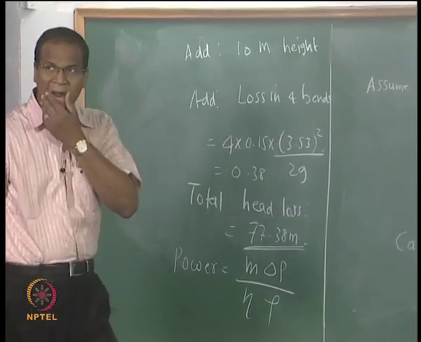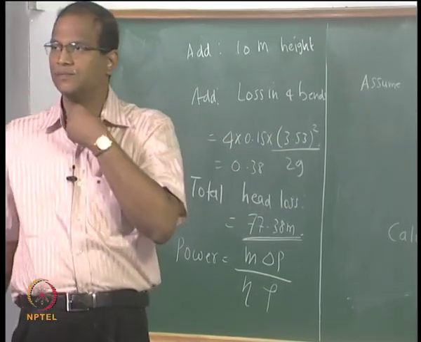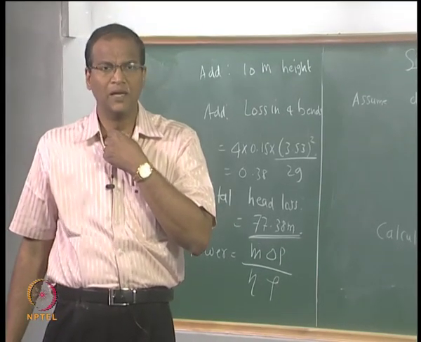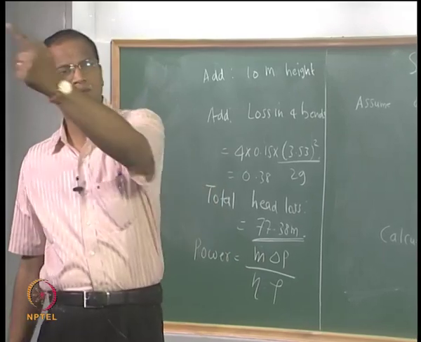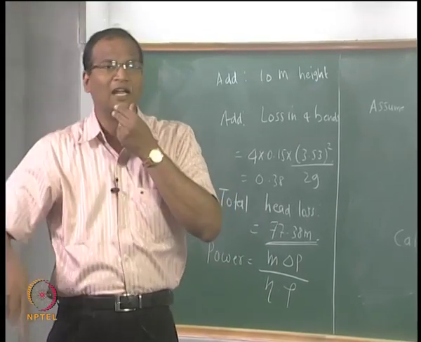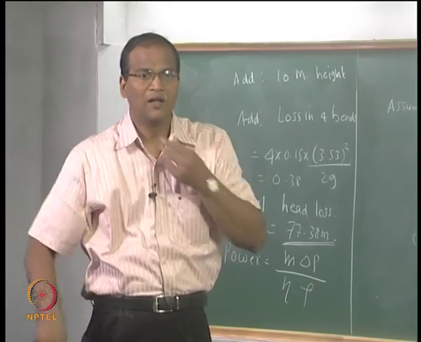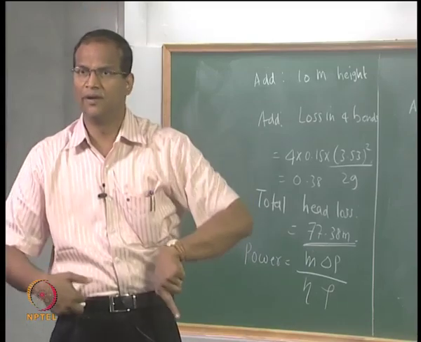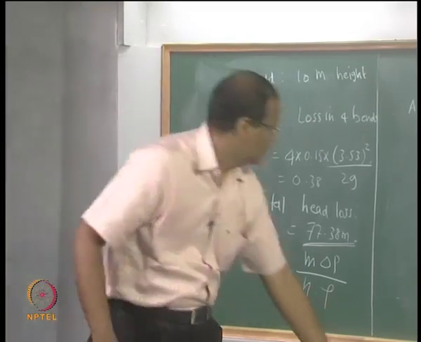It will be q delta p, meter cube per second into Newton per meter square, Newton meter per second, joule per second will be watt. Eta, no pump will work at 100% efficiency, therefore eta has to come in the denominator.